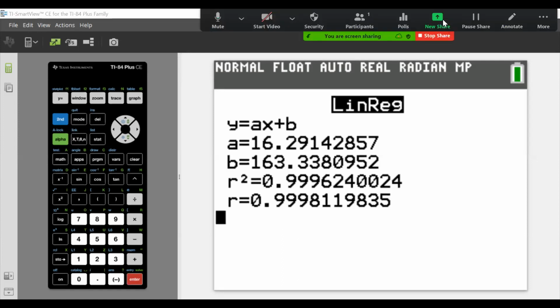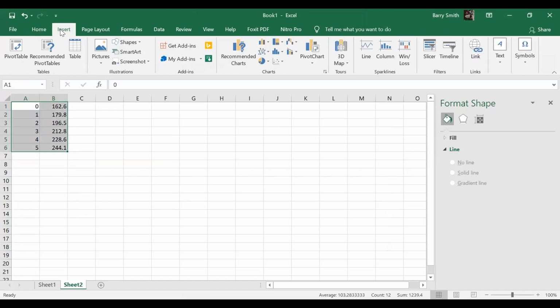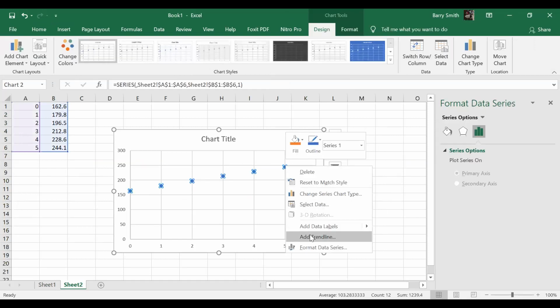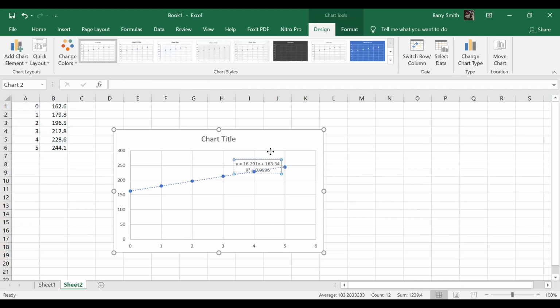All right, so now let's do this one in Excel. What we need first is a plot. So let's insert a chart. We're going to do a scatter plot. That looks pretty linear. So now let's add that trend line. We'll right click, add trend line, linear. Let's display both of those equation values, and let's move it up so we can read it.